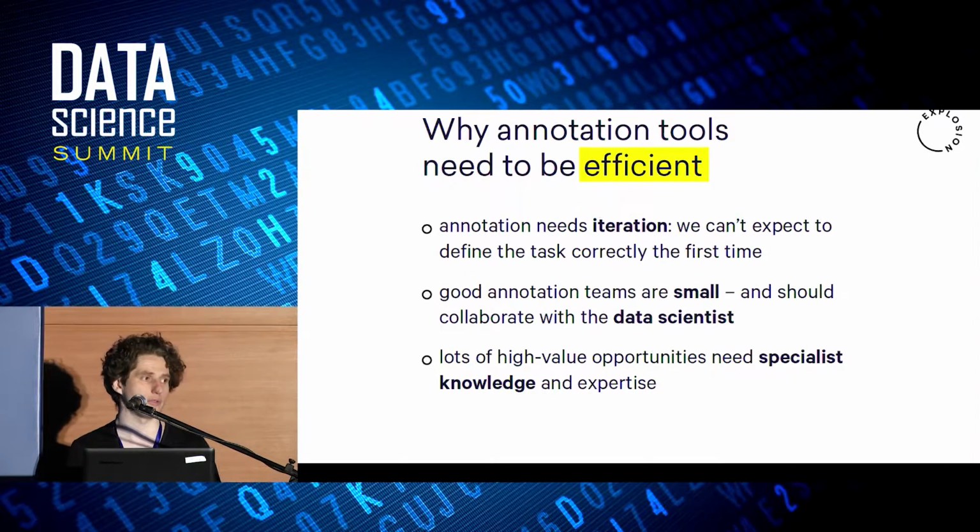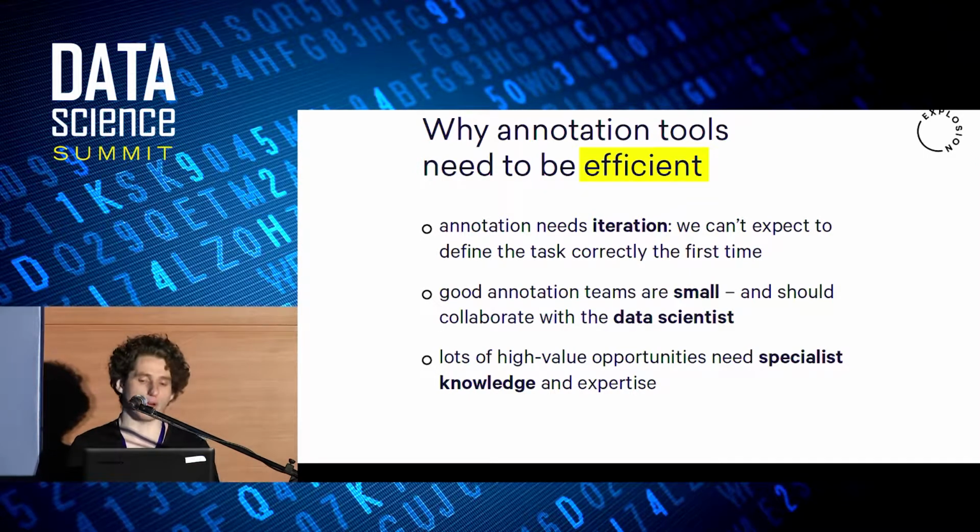And that means that the data that you get from that first iteration step will largely be not so useful. So rather than having a team of 100 people and having them do 1 hour each, it makes much more sense to have a team of like 5 to 10 people. And this means that you want the annotation tool to be as efficient as possible so that you can decrease the latency that would otherwise be introduced.